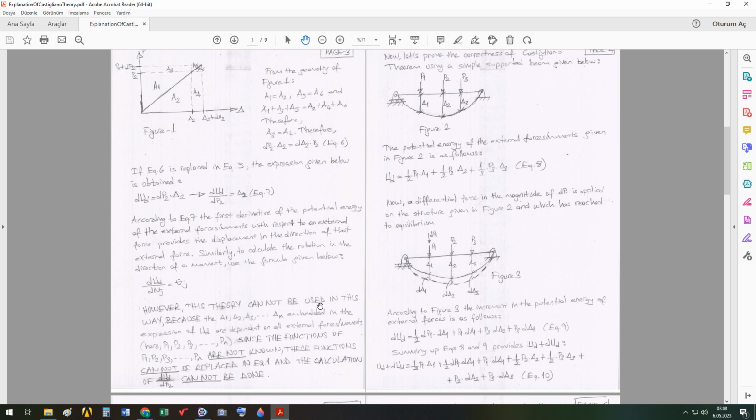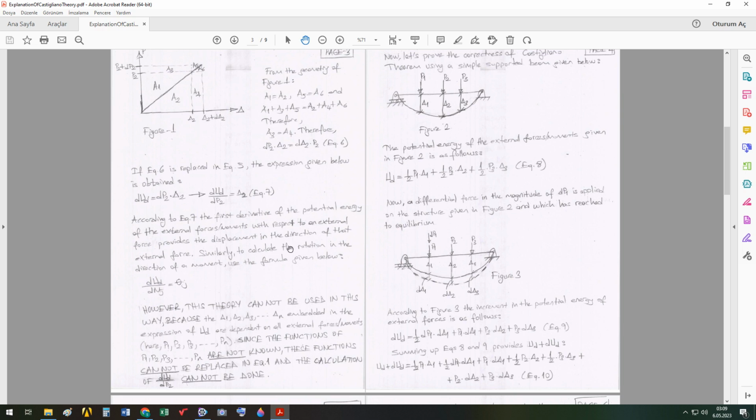However, this theorem cannot be used in this way because all deltas embedded in the expression of UD depend on all external forces and moments. So we need the function of UD. Mathematically, it cannot be used this way.